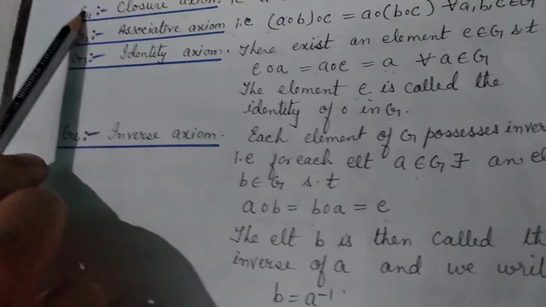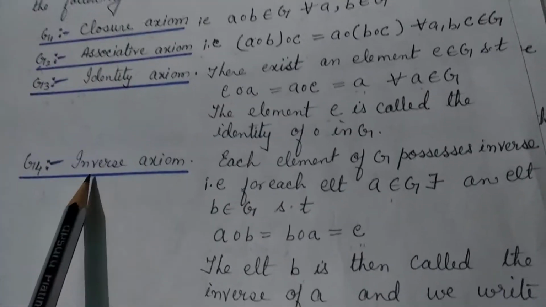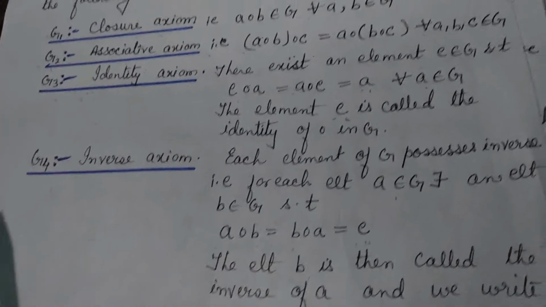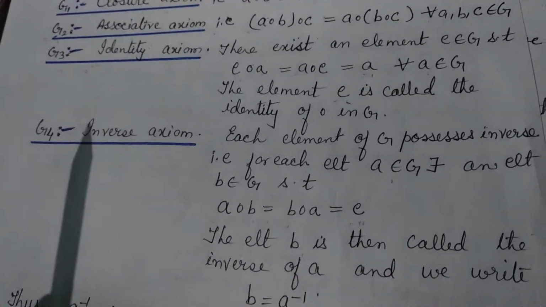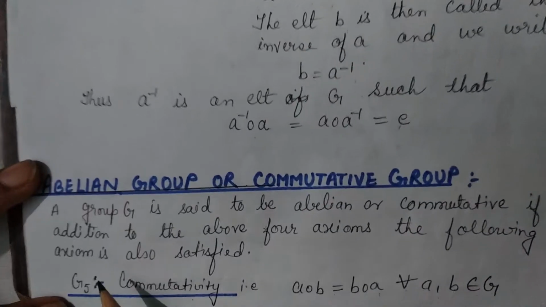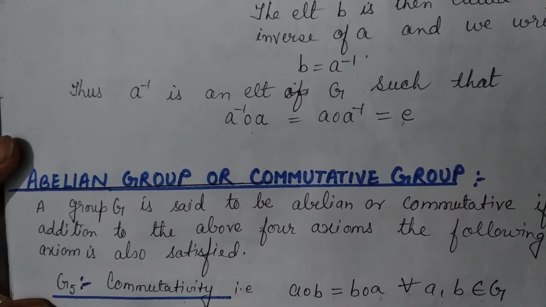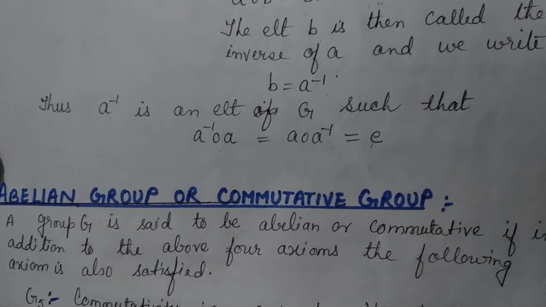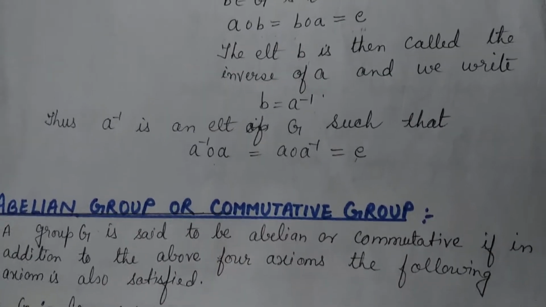If the four conditions, that is closure, associative, identity, and inverse axioms are satisfied, then it is said to be a group. And if all the five properties are satisfied, then it is said to be an abelian group or commutative group. Let us make it more clear by an example.